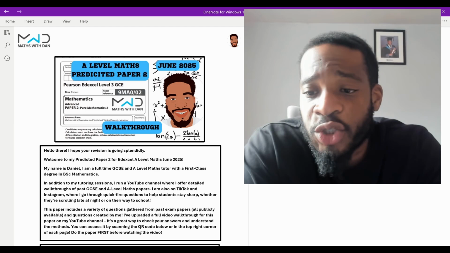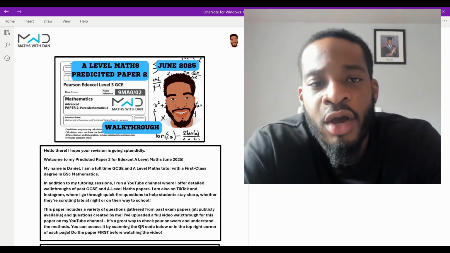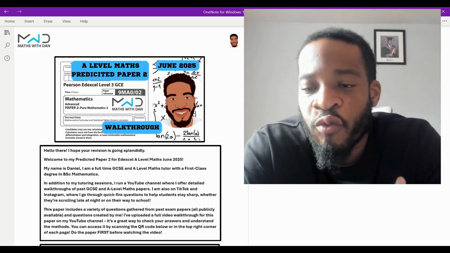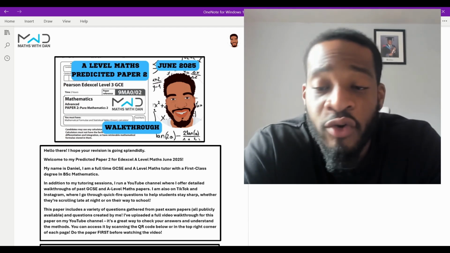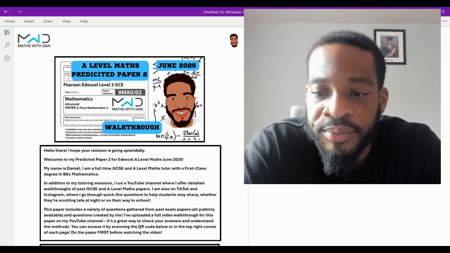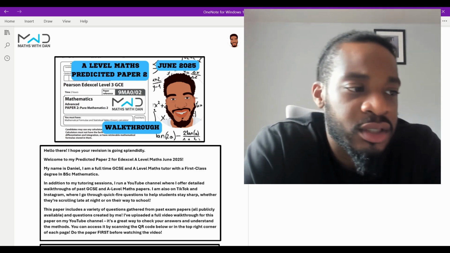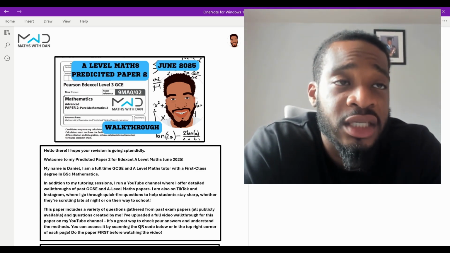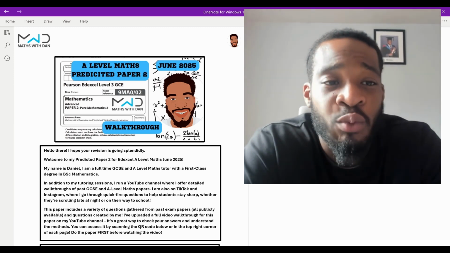Basically, these two papers are meant to give you pretty much full coverage of what could come up in your exams. If you do both of these papers, then you should be in a good position. A couple of disclaimers: there are topics that aren't in this paper which will most likely be in your Paper 2.